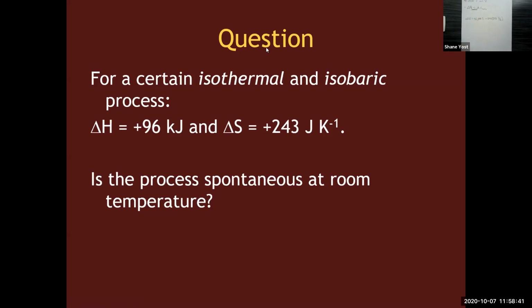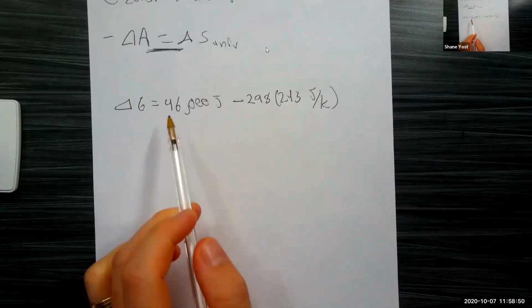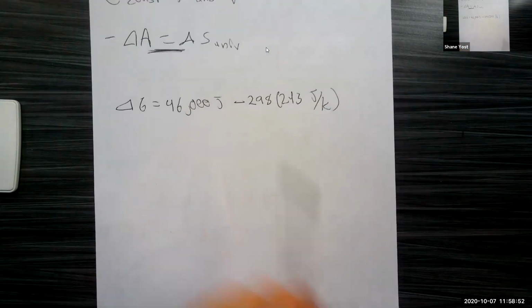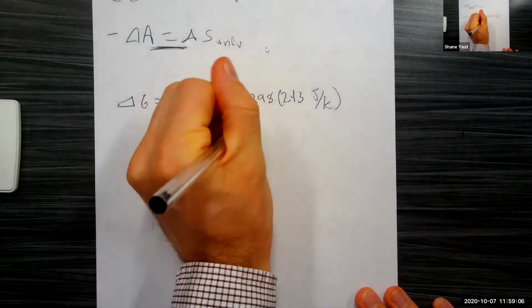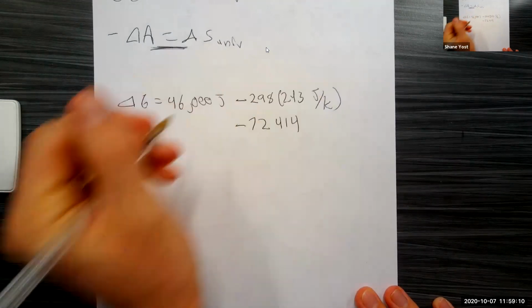To do that, you want to calculate delta G. So you're going to be 46,000, converted to joules, minus 298 times 243. We calculate that, 298 times 243, it's going to be minus 72,414.